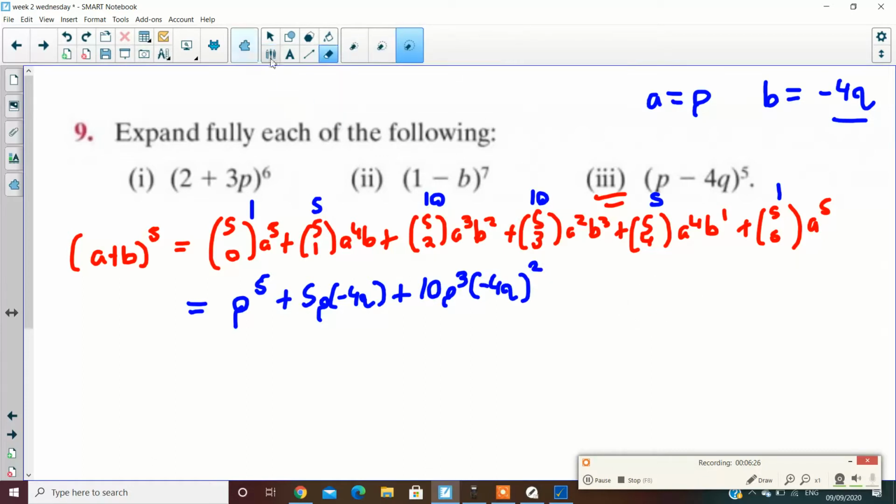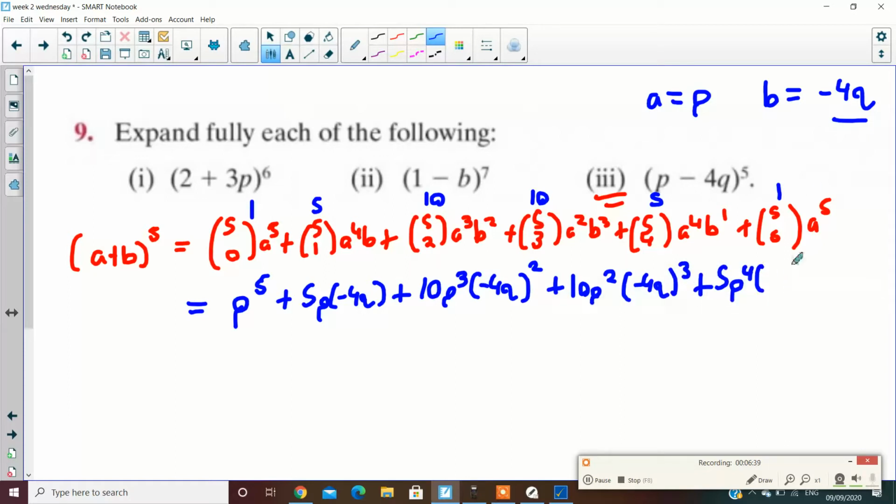And after that, guys, what's next? 10p squared times minus 4q cubed. After that, 5p^4 times minus 4q. And finally the last one, 1 into minus 4q to the power of 5.